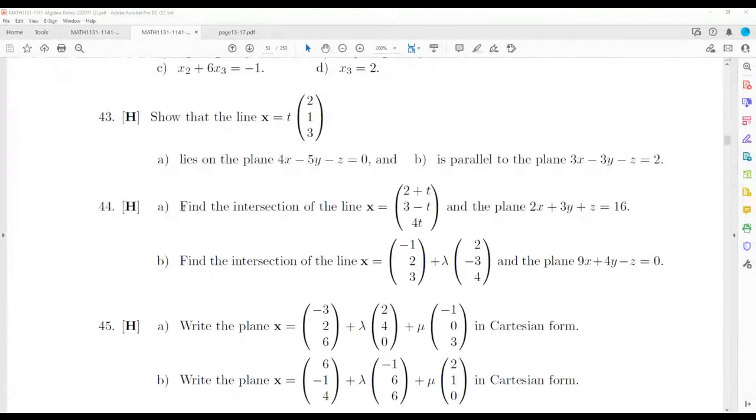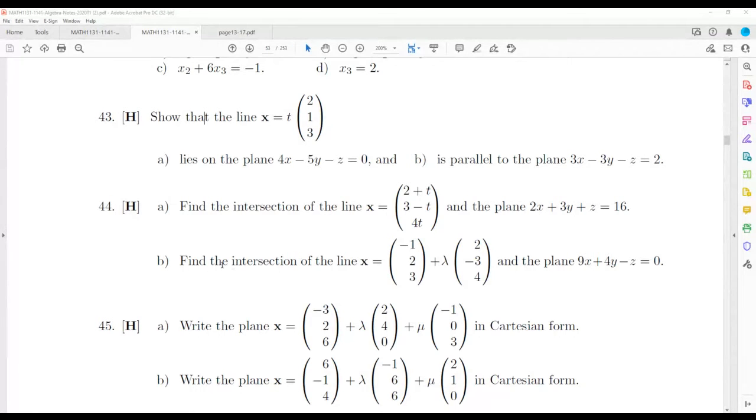So you can see these are sort of where the H questions are. So these are the harder questions. So I thought we could do a couple of these and then maybe move over to some of the calculus. So let me know what you're thinking in the chat. Happy to take your comments or your questions or your feedback.